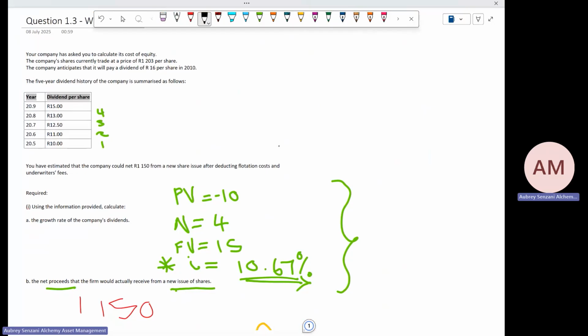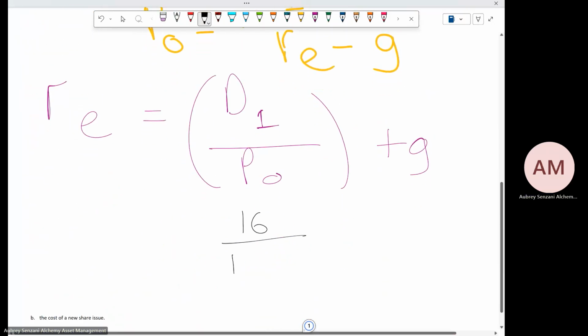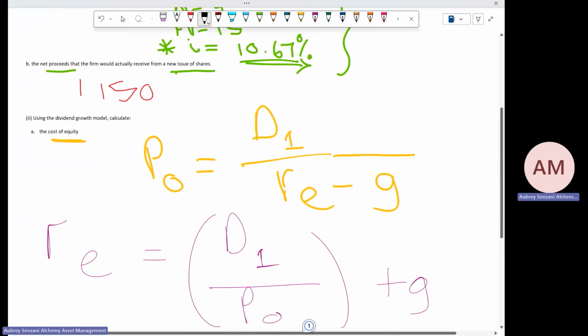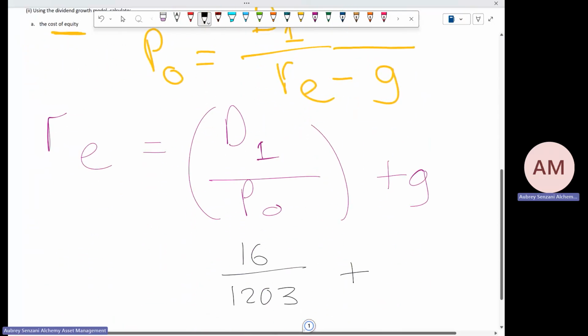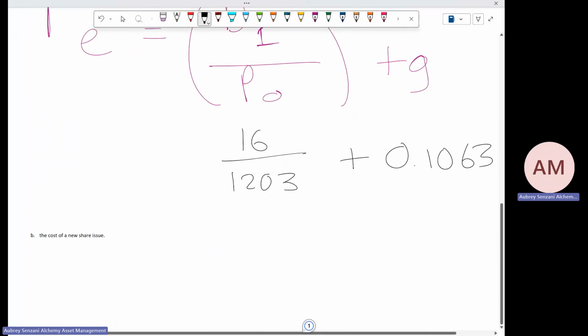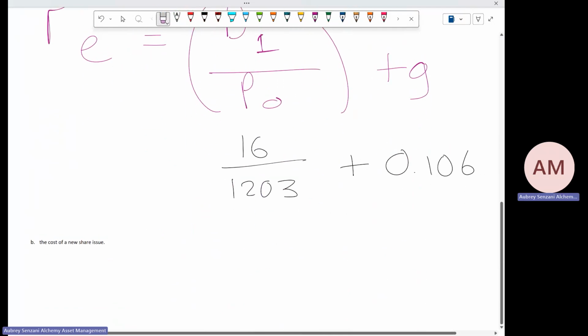Yes, 1203, 1203. Okay, and did they give us the growth rate? No, they did not, but you guys calculated it, didn't you? So I'm just going to put this in decimal form. You said 6.3, right? 6.7. Oh, yes, 6.7. 6.7 is right.